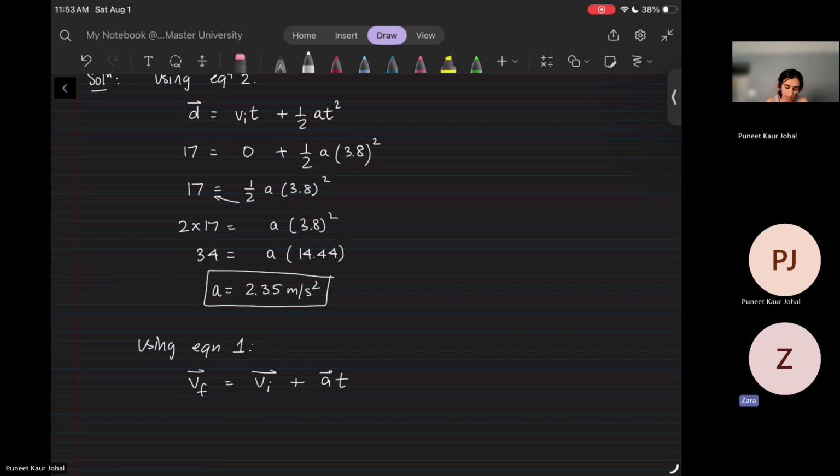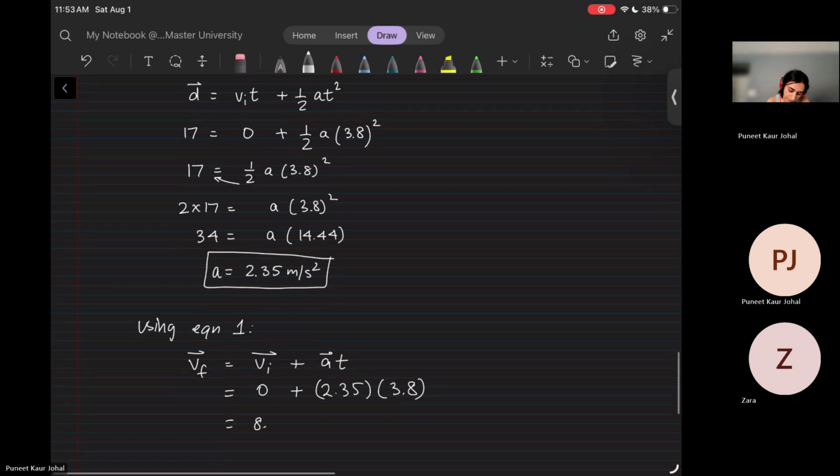Practice. Again, initial velocity was just 0. Acceleration we just found is 2.35. Time was 3.8. So it's basically just 2.35 times 3.8, and we get 8.93. Another good thing that I didn't do, but you should do, is use the units everywhere.